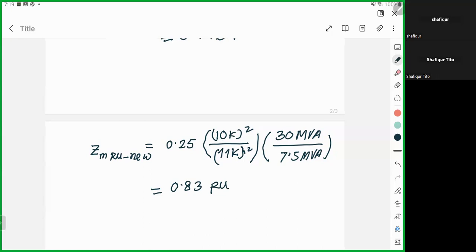Okay, so this is the calculation of the per unit.